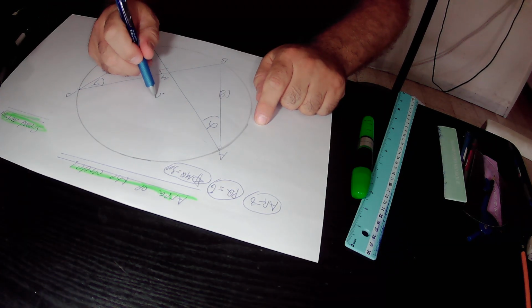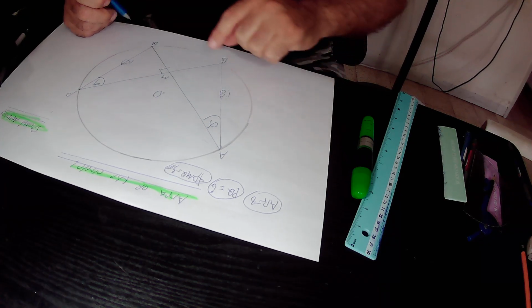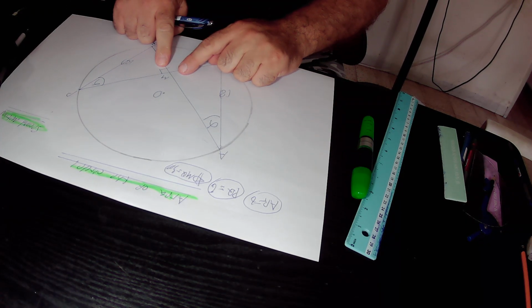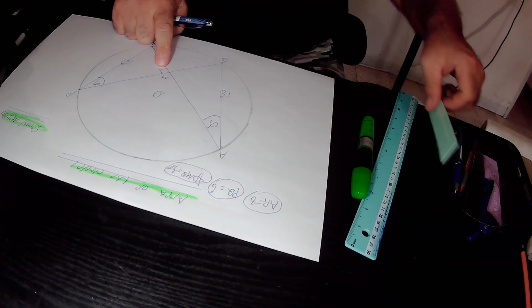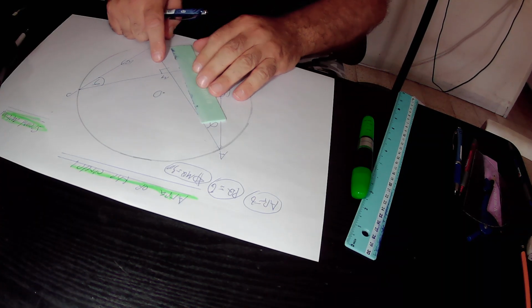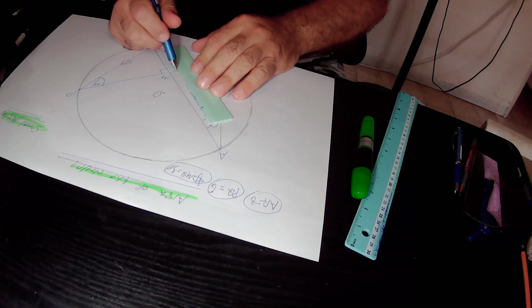Point O is the center of the circle. Those peripheral angles are both equal to 90 degrees, according to the rule that vertex angles are equal to each other.